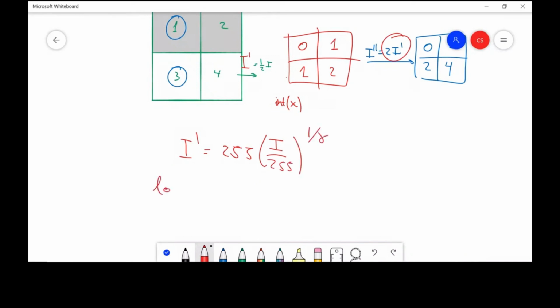So now you take the logarithm of that expression, you would have the logarithm of 255 plus 1 per gamma, the logarithm of I minus the logarithm of 255.